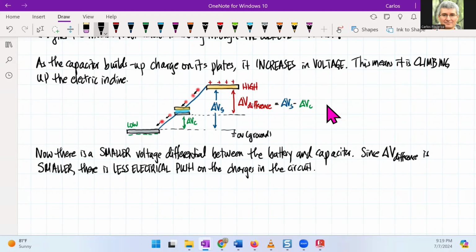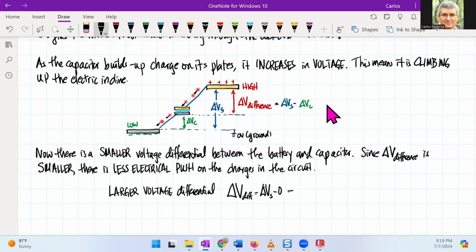So what does that mean? So I first started out with a larger voltage differential. And so what that means here is that the difference between them was big because essentially the source and the capacitor are radically different, right? The capacitor voltage is effectively zero.